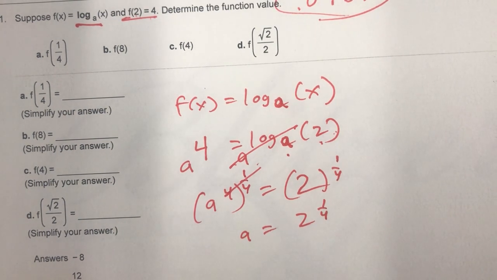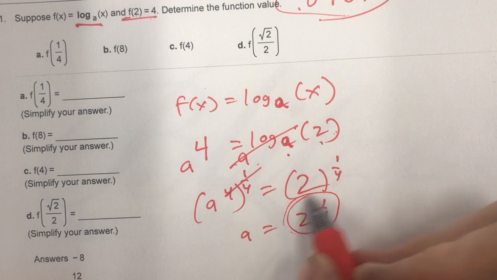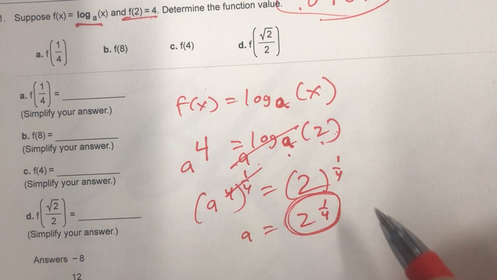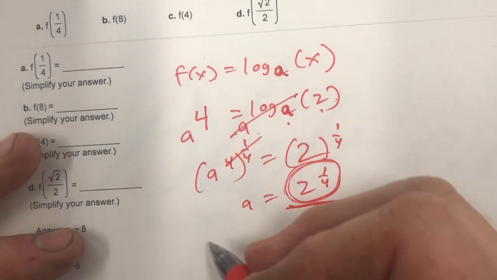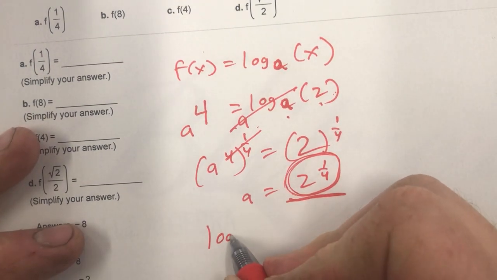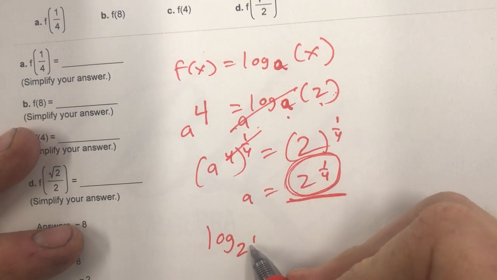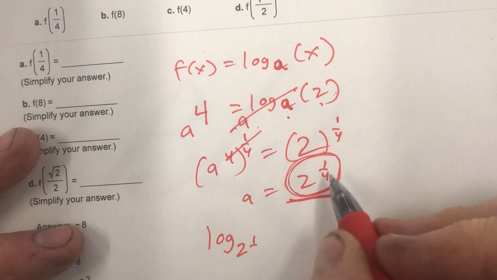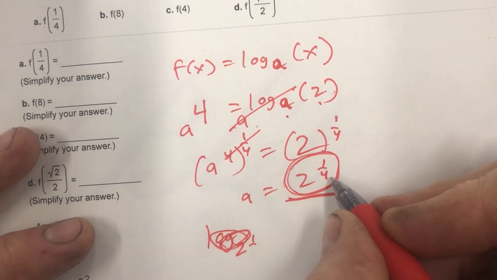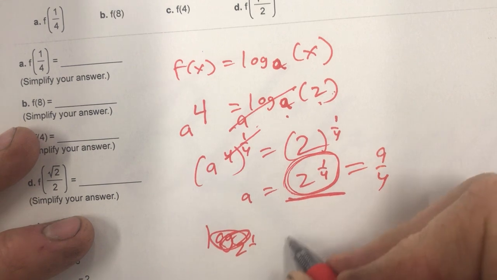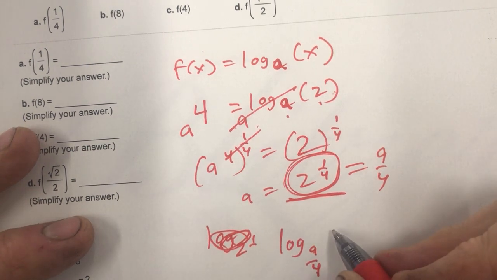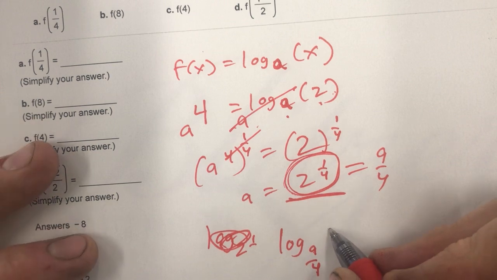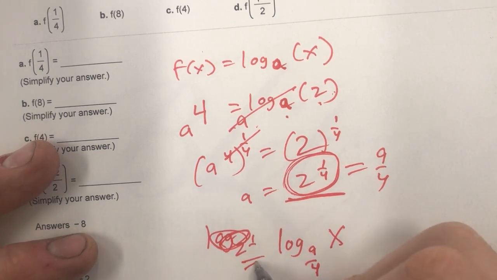Okay, now, this right here is going to be a long decimal, so I would leave this as that. But here's my function right here. Log base 2 to the 1/4, or I tell you what, that'd be 9/4. This is 9/4. So I'll do log base 9/4 of x. And this is my function.